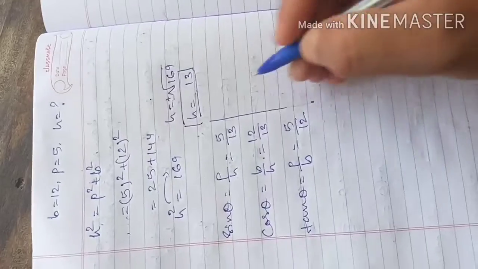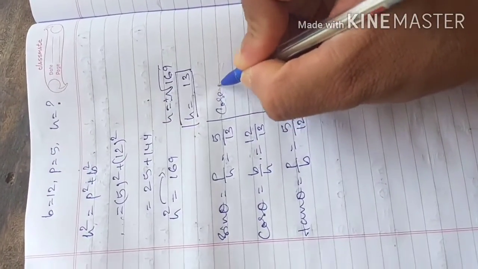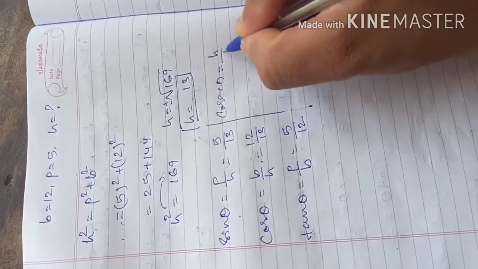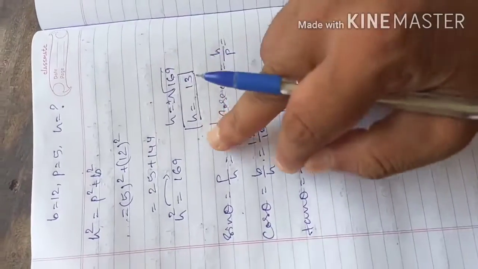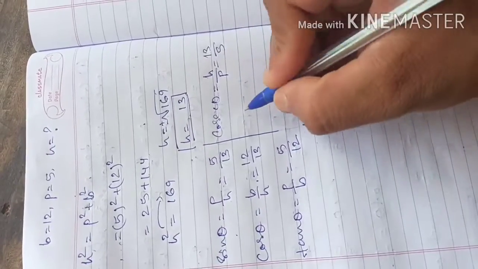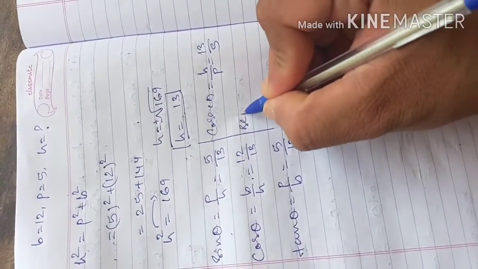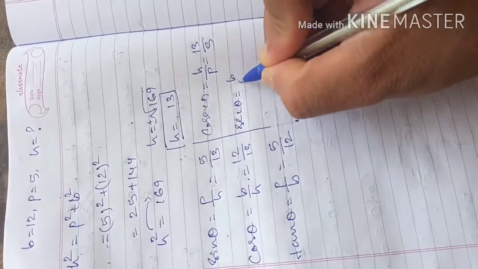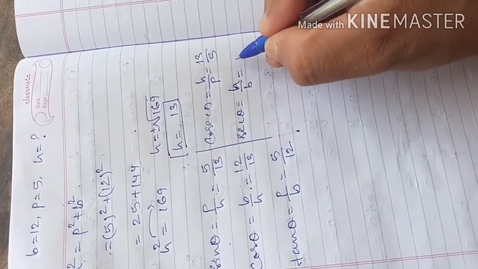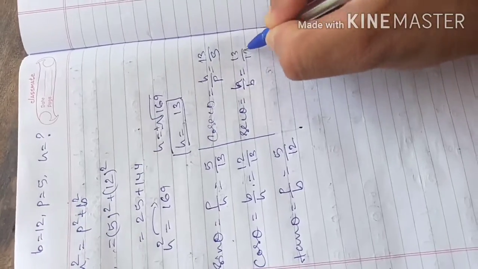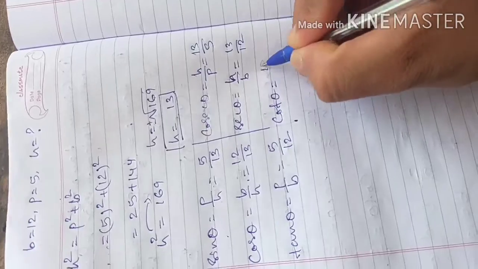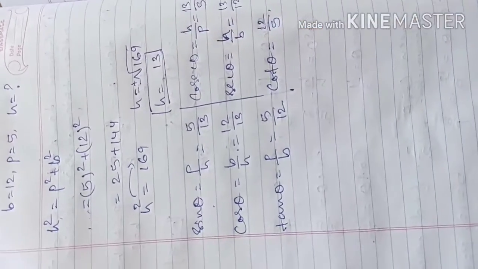Similarly cosec theta, reciprocal of sin theta, it will be H by P. So reverse of 5 by 13 you write, it will become 13 by 5. Sec theta, reciprocal of cos theta, 13 by 12. Cot theta, as already given in the question, 12 by 5.